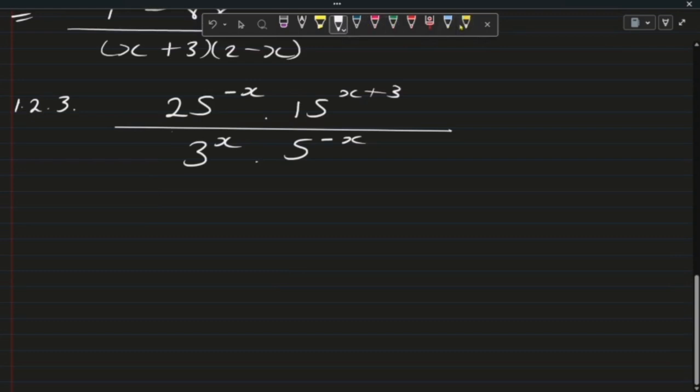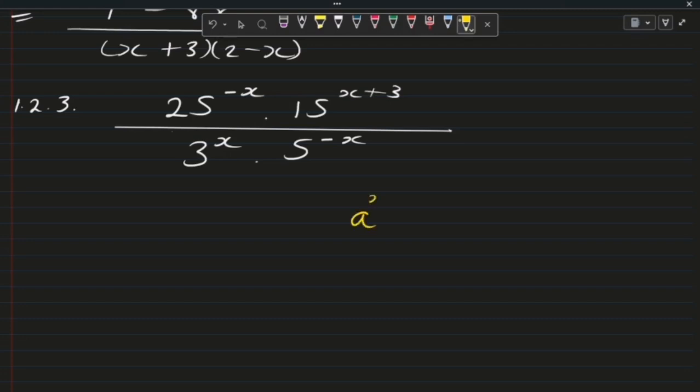What can we do to simplify this, or to make it as simple as possible? We saw that we have a number of laws that can aid us in the simplification of this particular expression.